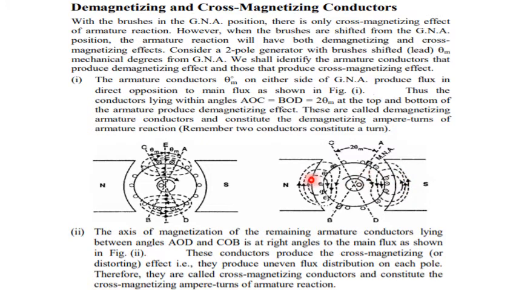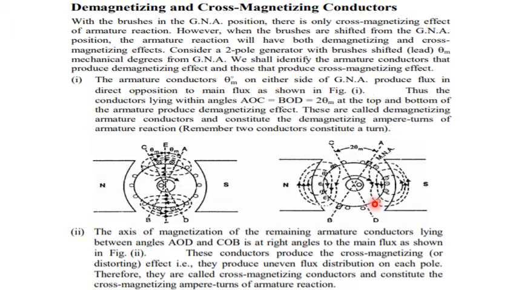What is the main flux? The main flux is in this direction, and in this direction here. These conductors are perpendicular to the main flux, and they produce the cross-magnetizing effect. So these conductors are called cross-magnetizing conductors, and they constitute the cross-magnetizing ampere turns of armature reaction.